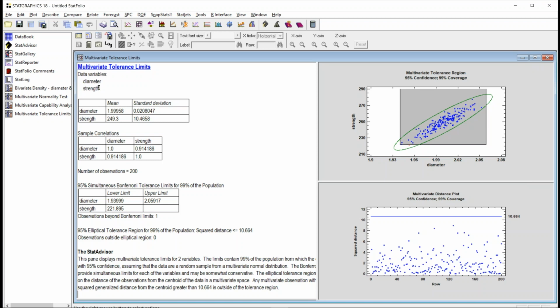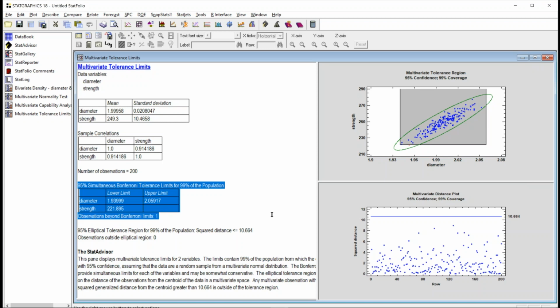What is calculated for me down near the bottom of the analysis summary are 95% simultaneous Bonferroni limits for 99% of the population.